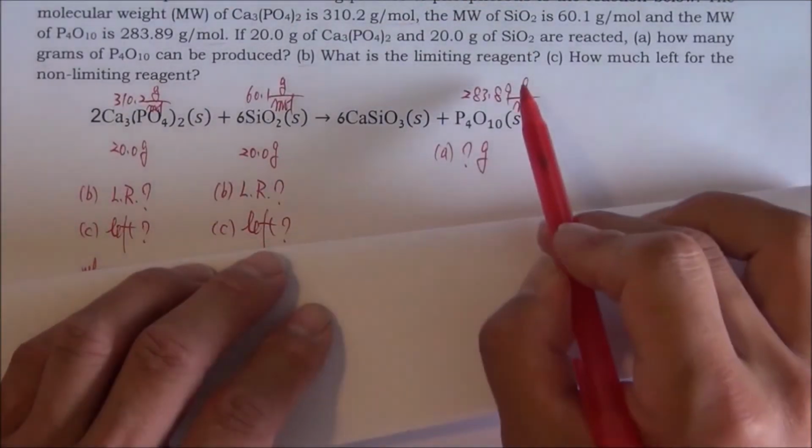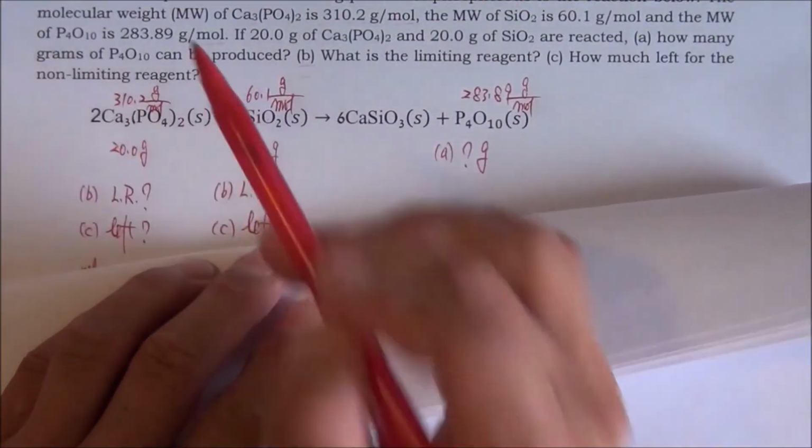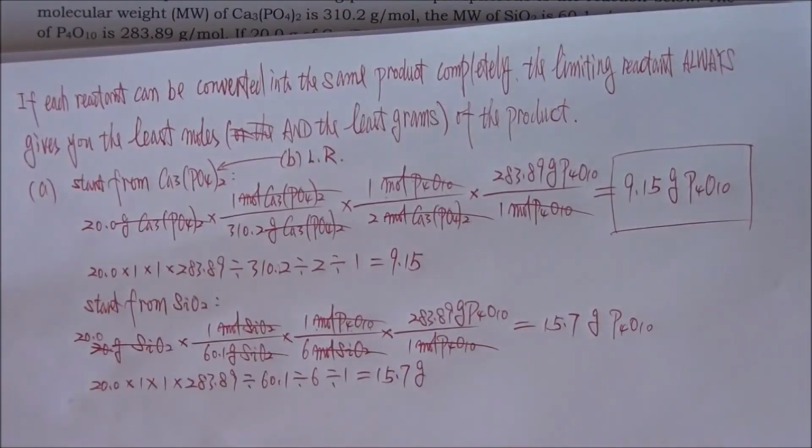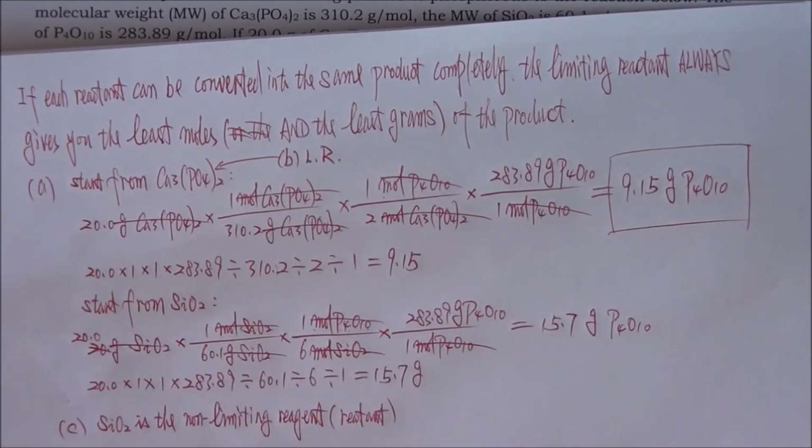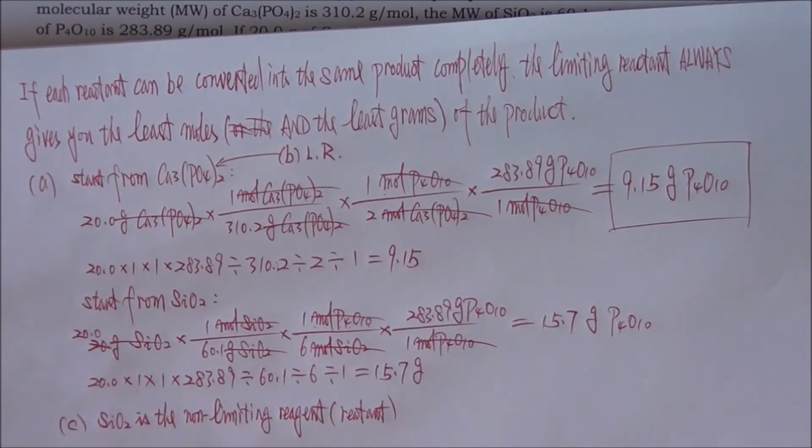Let's look at C. How much left for the non-limiting reagent? From our calculation, we can see that silica dioxide is the non-limiting reactant. We want to calculate how many grams of silica dioxide left after the reaction. To calculate that, we first need how many grams of silica dioxide is reacted. There are two methods to calculate the grams of silica dioxide that reacted.